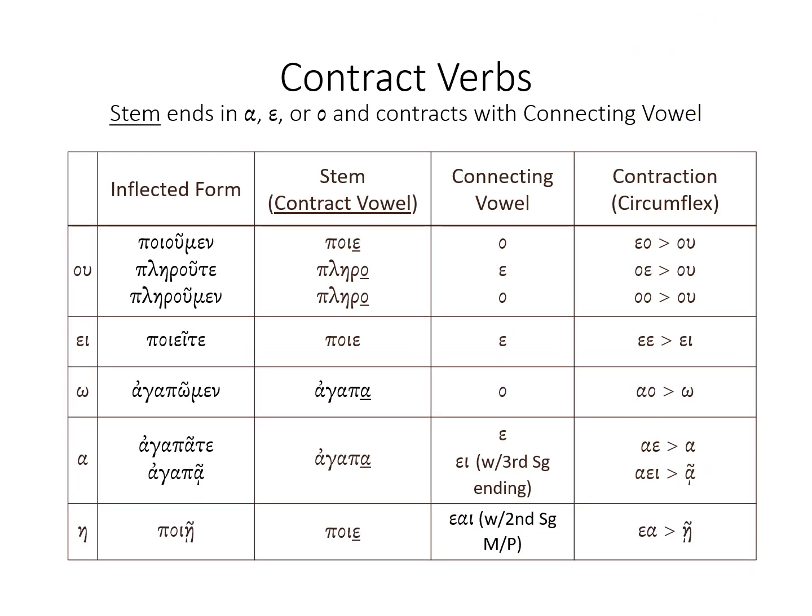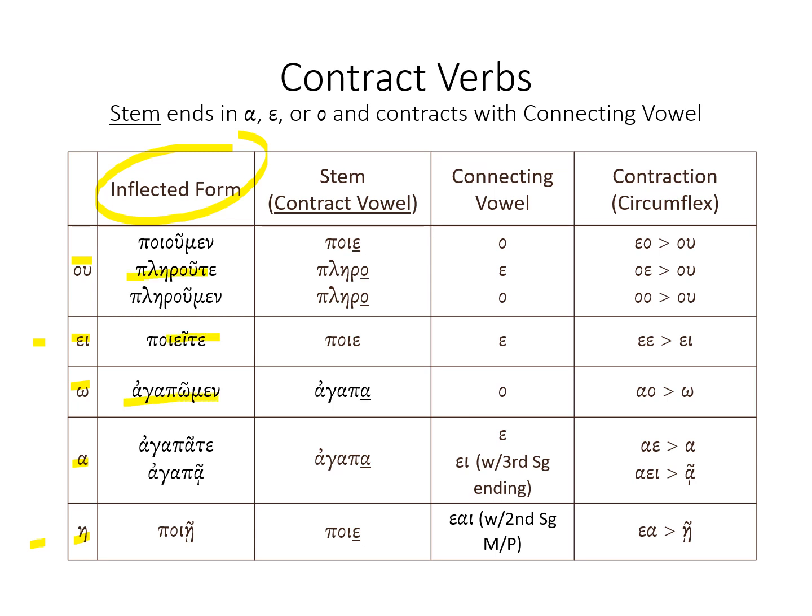On now to the final pattern. We have looked at u, a, o, a, and now eta, the a. Again, these are pronounced, this epsilon iota and the eta are pronounced similarly. But what we're doing, again, just to review, as I noted on the first slide, the inflected form is what we're going to see in a text. So we'll see something like plerute, poiete, agapomen.